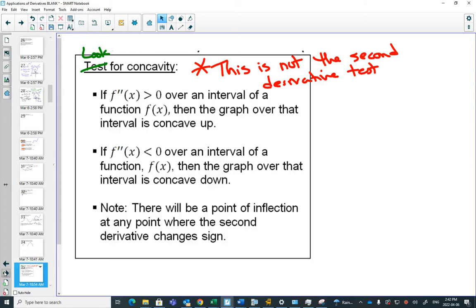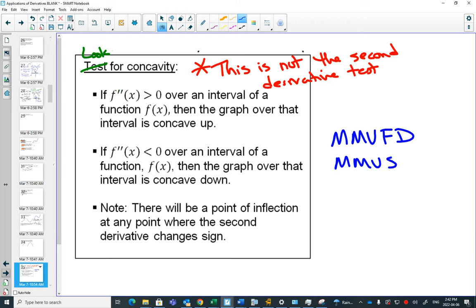Max and min test using first derivative, the MUFT, and the max and min test using second derivative, the MUMST. That would be perfect. M&Ms, you just think about chocolates. Yeah. Okay.